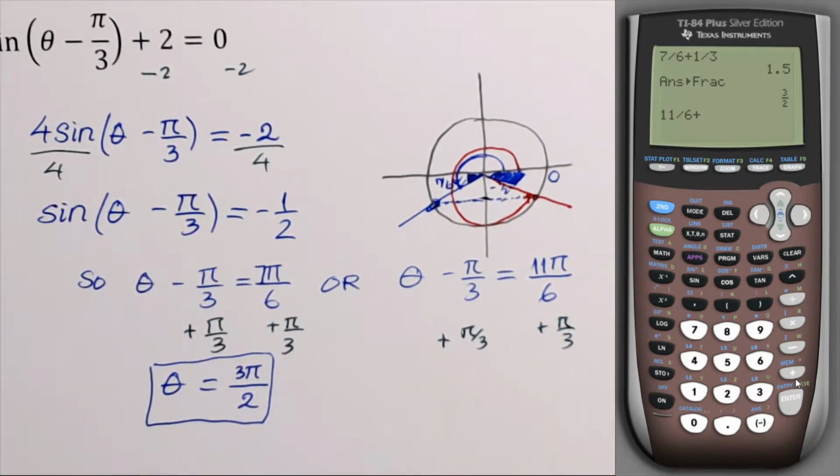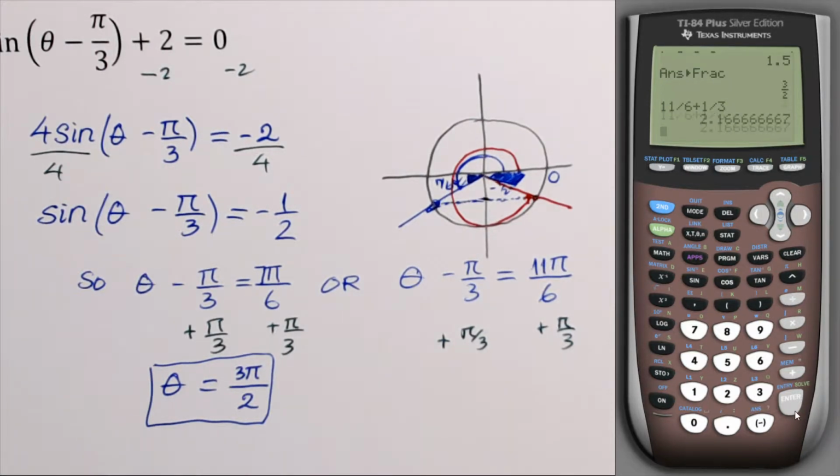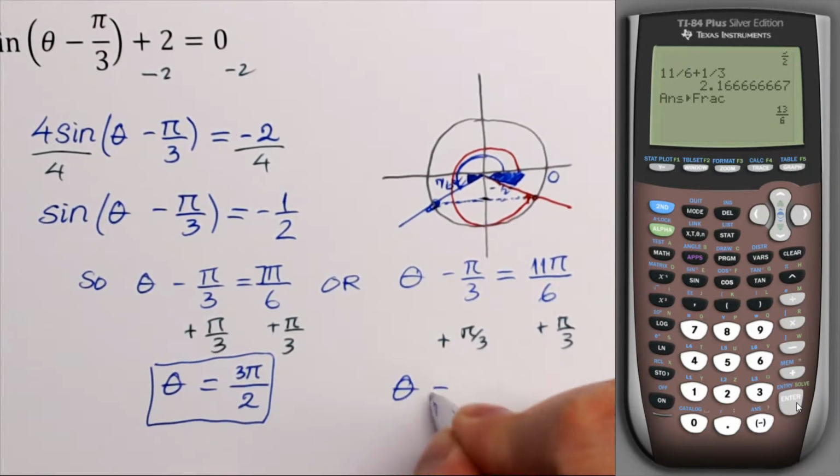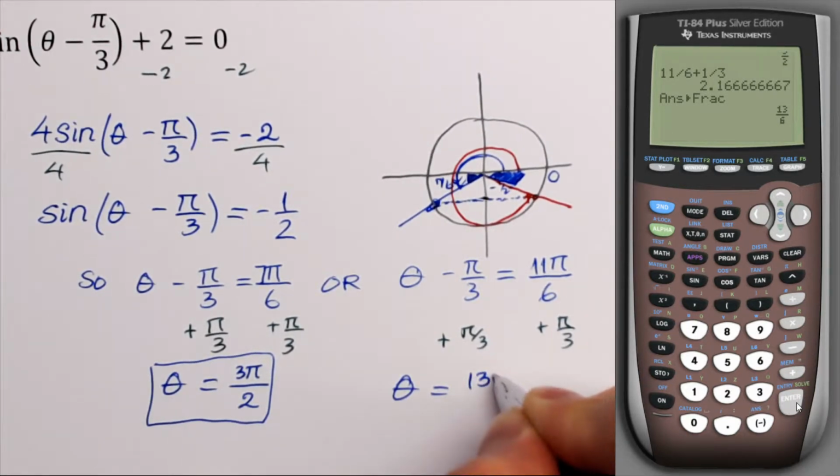The sine function is associated to the y values, so negative 1/2, kind of halfway there. And for that, we're going to have two values here that have the same y values of negative 1/2.